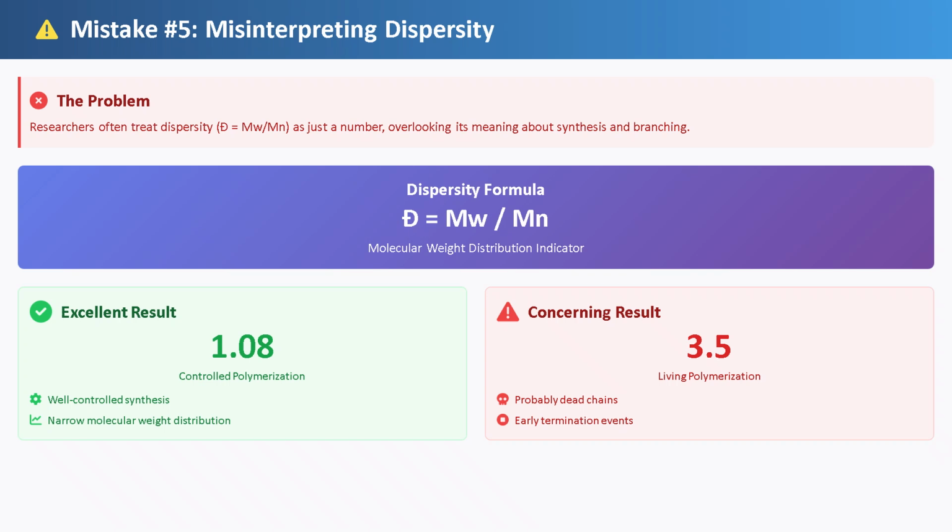A dispersity of 1.08 might indicate a well-controlled polymerization, while a value like 3.5 for a supposedly living system might suggest dead chains, early termination, or other synthesis-related issues. Dispersity without context is just a statistic. With context, it becomes a window into the chemistry that produced the polymer.